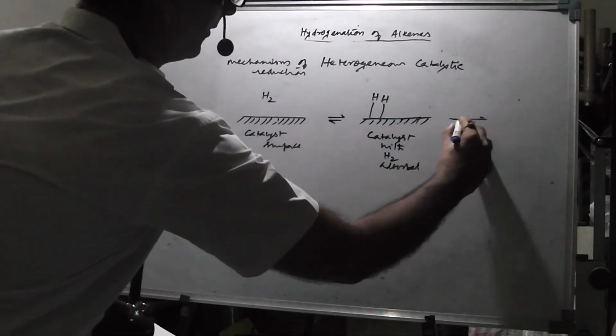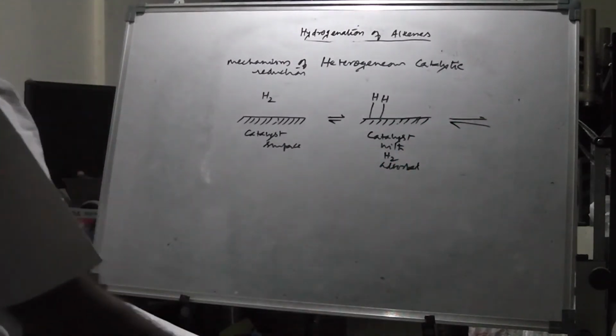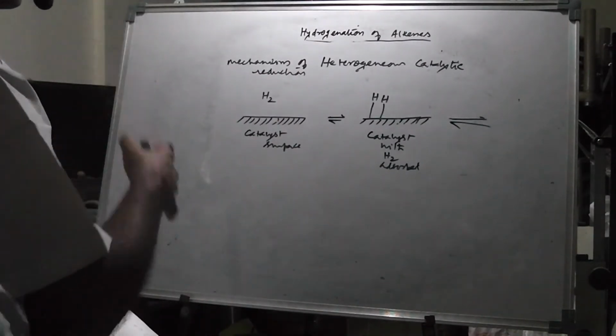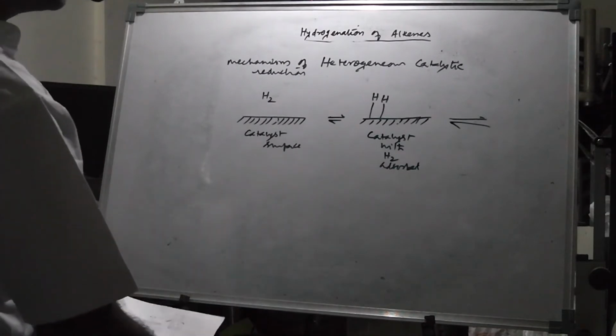Now, the pi orbitals of the alkene will be attaching over the metal surface.